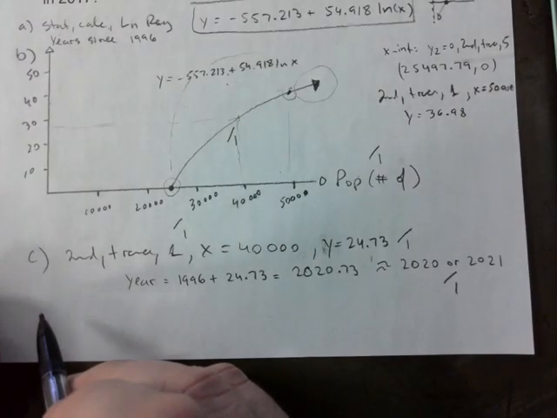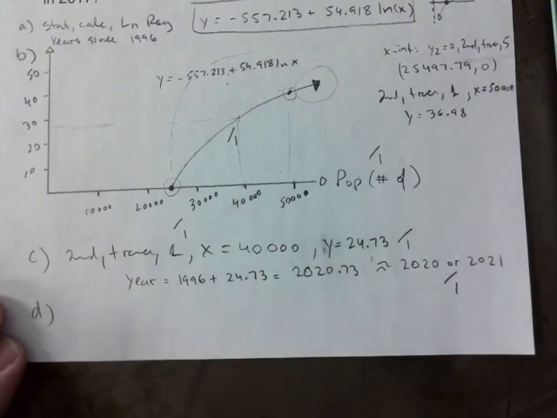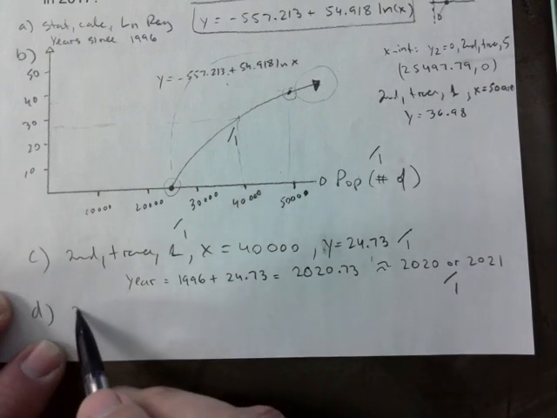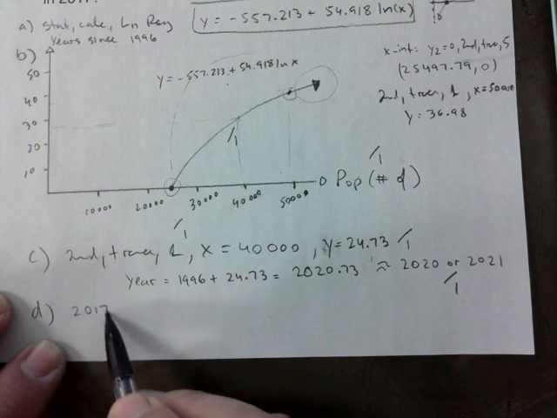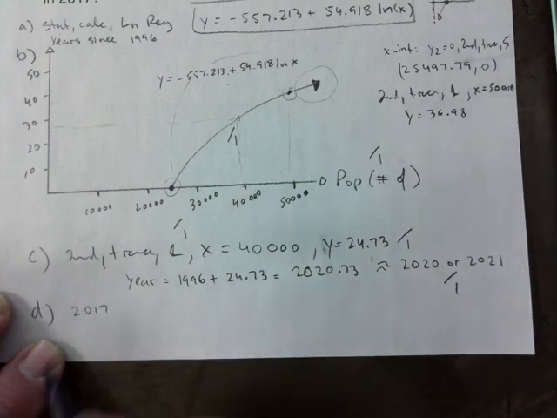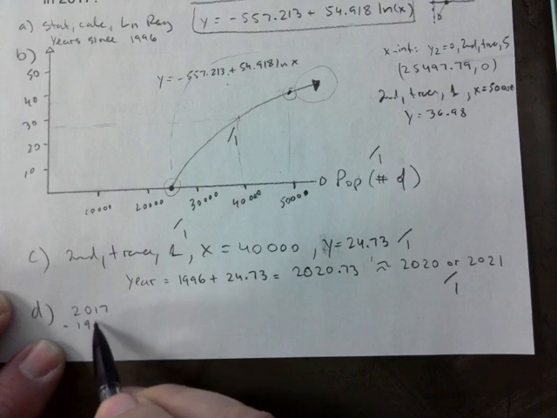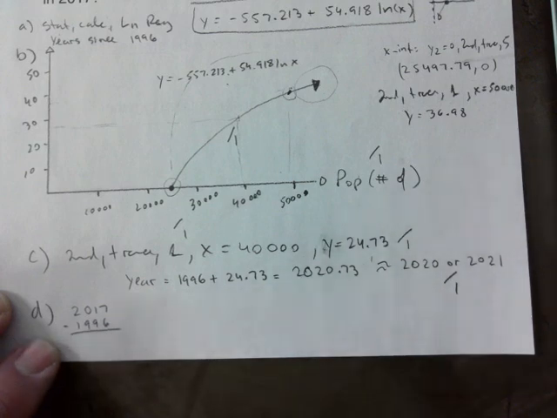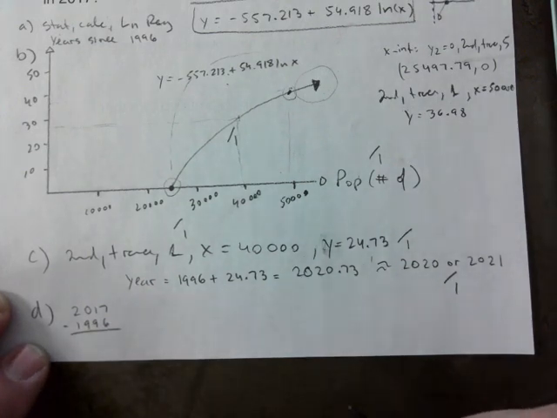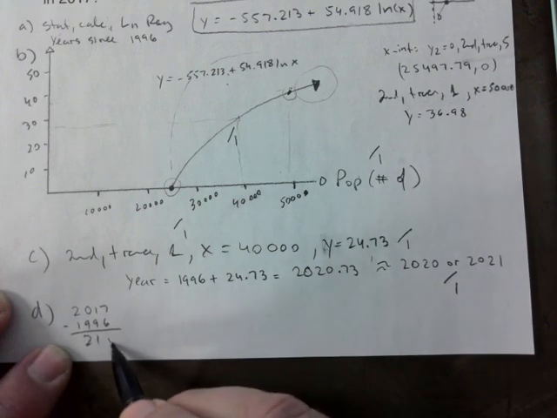D, according to this equation, how many people will be living in Nunavut in 2017? So you need to first figure out, except for Raghav, you don't need to figure this out because you did the work ahead of time, right? You subtract 1996 from there and you get 21 years.